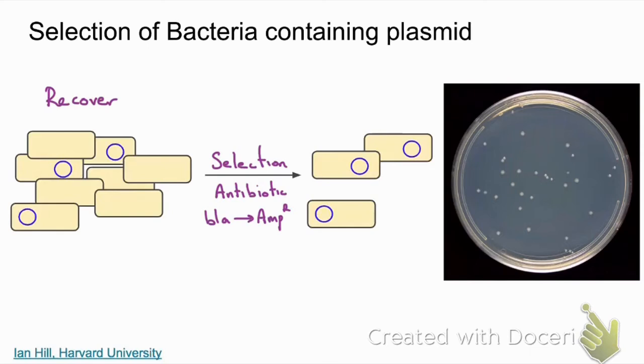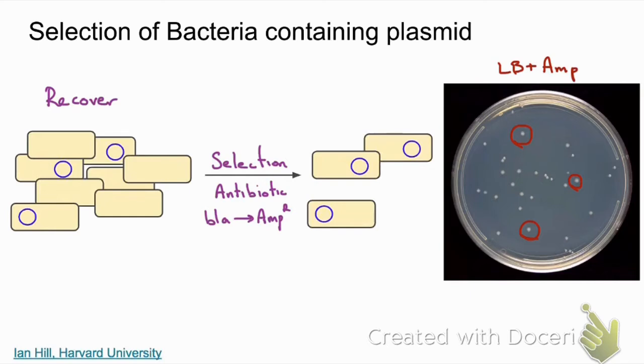If we grow bacteria, for example, after transformation on LB agar with ampicillin added to the media, what we would find is that each of these colonies that we have here, including these three that I'm highlighting, are ones that have likely been transformed with the plasmid.